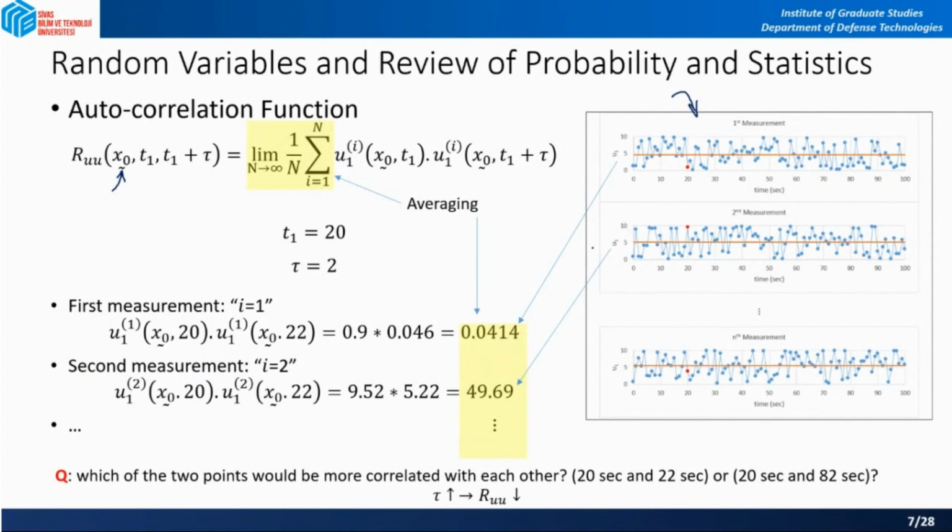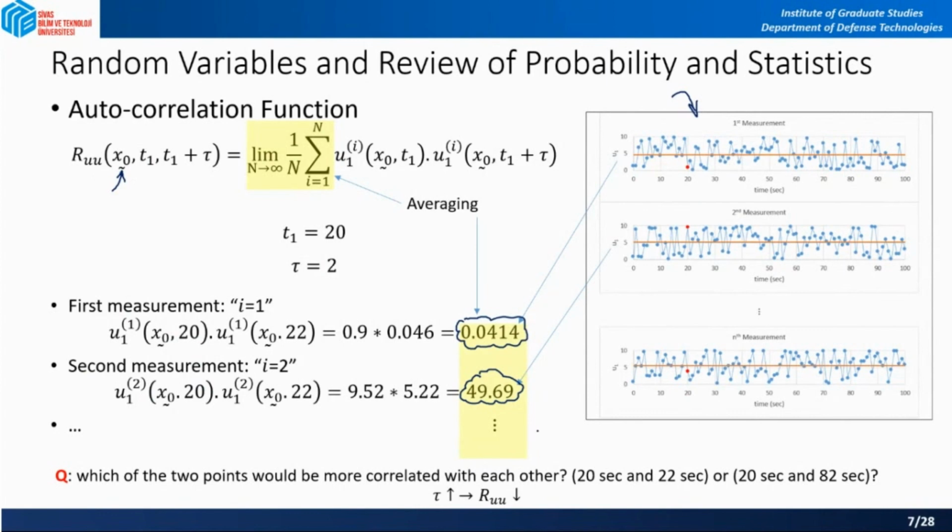For example, for the first measurement, the autocorrelation will become something like this number in here. I just calculated it, so don't worry about the calculation. I got two different values, for the first measurement and for the second measurement, and then for all the measurements I can obtain the autocorrelation value.